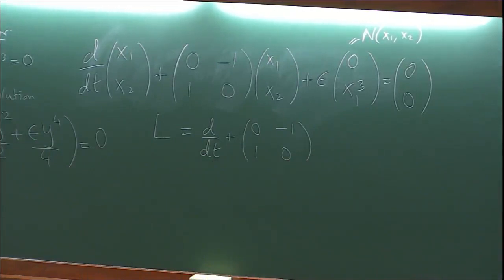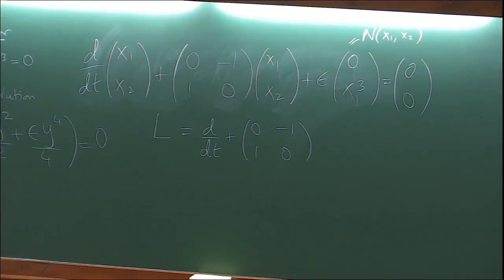We would like to use a perturbation series. And in order to proceed, we need to know what the transpose or adjoint of L is. We need to find out what the null space of the operator is, and we need to find out what the null space of the adjoint is.